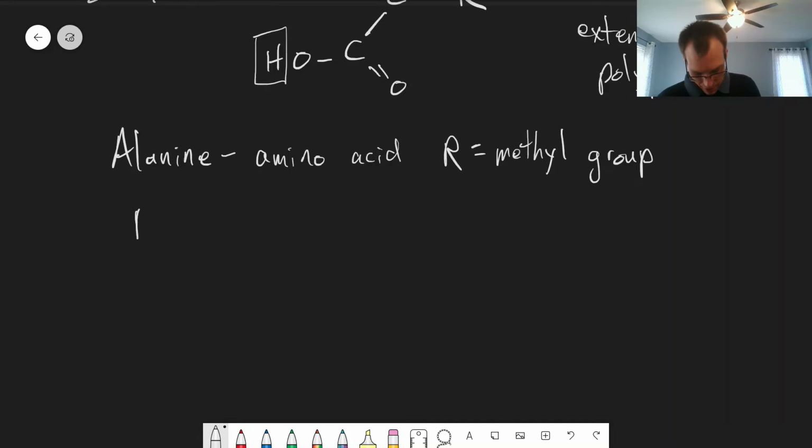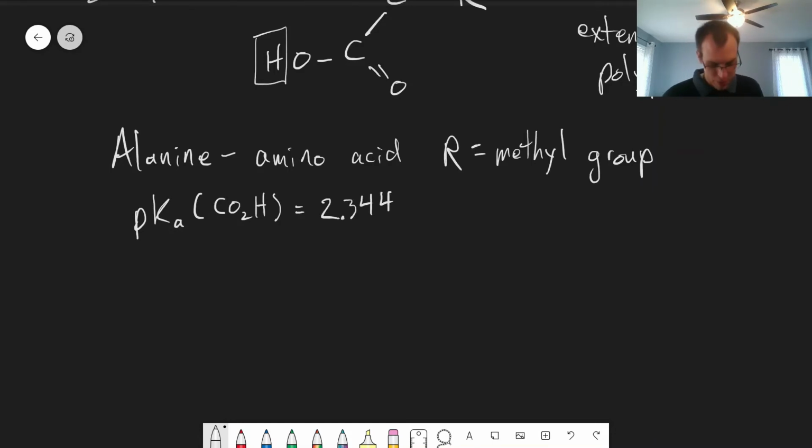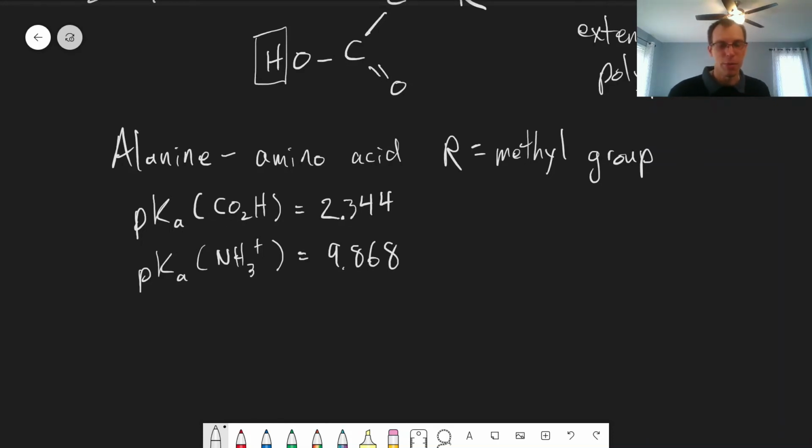So we have pKa for the carboxylic acid group is equal to 2.344. As we'd expect, that's a fairly low pKa. It is an acid. And the pKa for the amino group, which again is listed as the acidic form, when you look it up in the table in your textbook, is 9.868. So significantly higher because the amino group is a base. It's a proton acceptor rather than a proton donor.